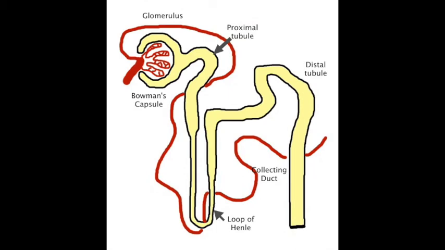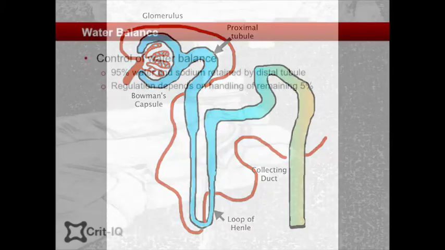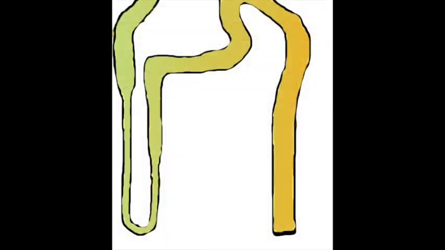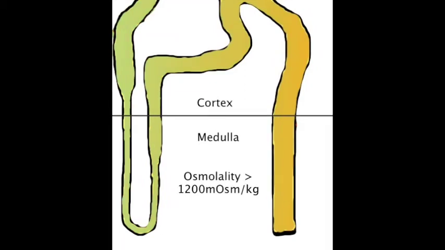The proximal tubule, loop of Henle, and distal tubule of the kidney retain almost 95% of filtered water and sodium. Regulation of water balance is largely controlled by the handling of the remaining 5% as it passes through the distal nephron and collecting duct. As this water continues through the distal nephron, it passes through the medulla of the kidney. The interstitium of the renal medulla is incredibly hypertonic, a result of the countercurrent mechanism of the loop of Henle.